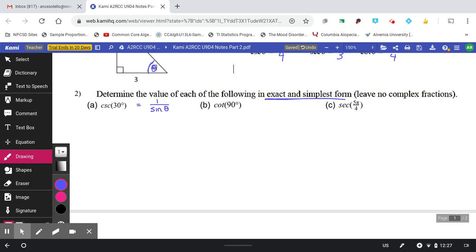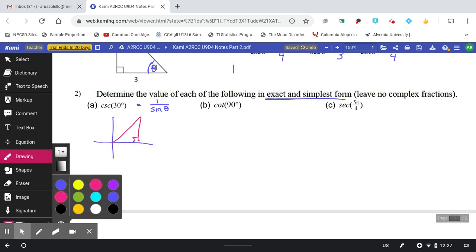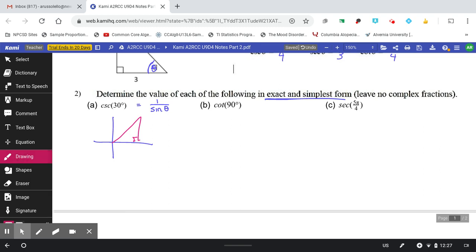So what we want to do is we want to make our special right triangle, right? So we have a 30, 60, 90. All right, well, I'm going to find what the sine is so I can get the reciprocal. The sine is the opposite side, right, in the unit circle.